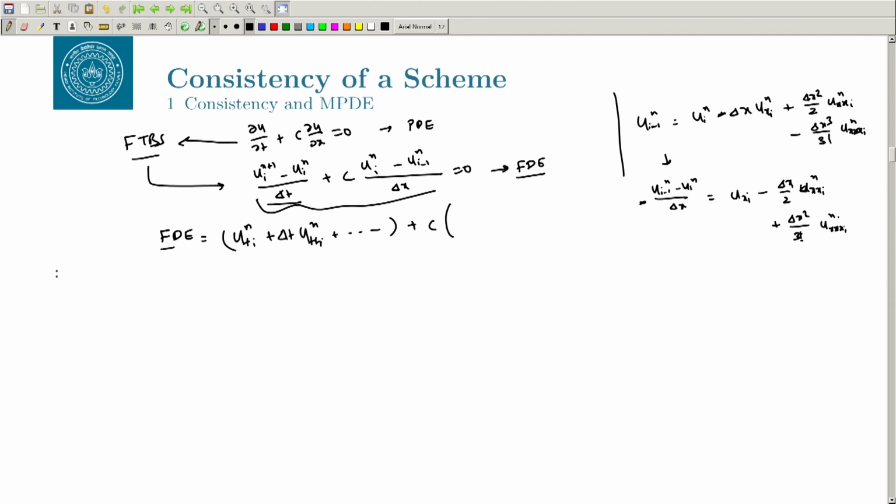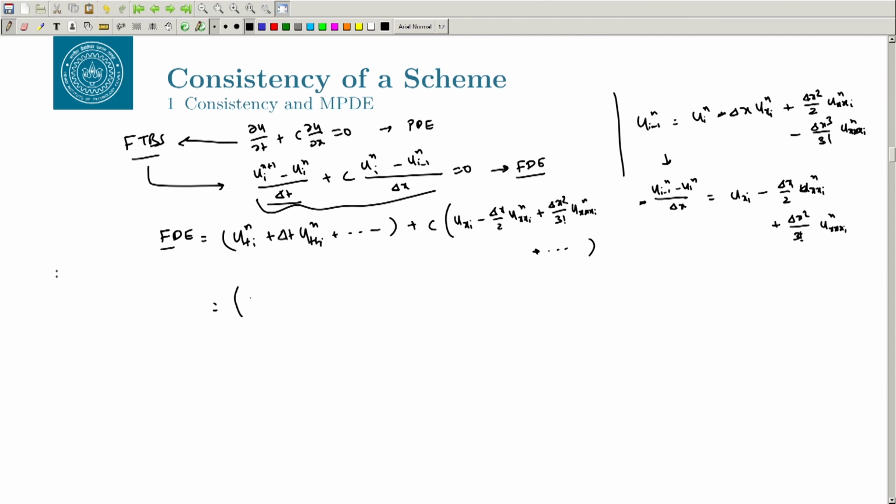So, put all of this here, this will become c times u x i minus delta x by 2 u x x i n plus delta x square by factorial 3 u x x x i n and plus higher order terms. This is my FDE. You will rearrange it.